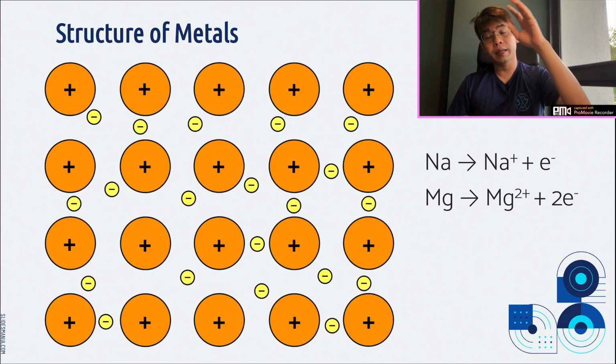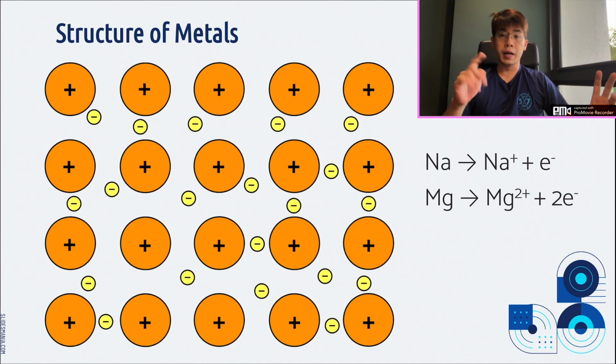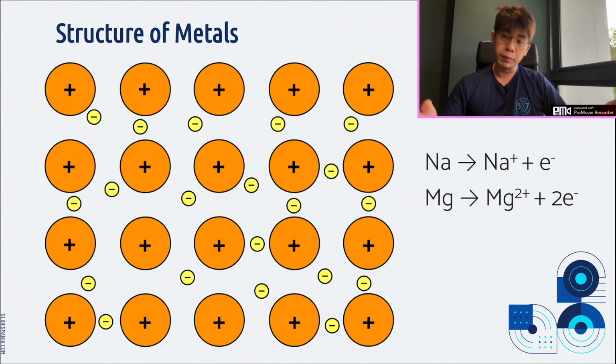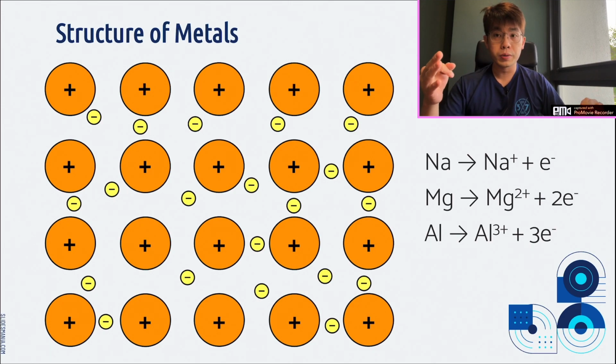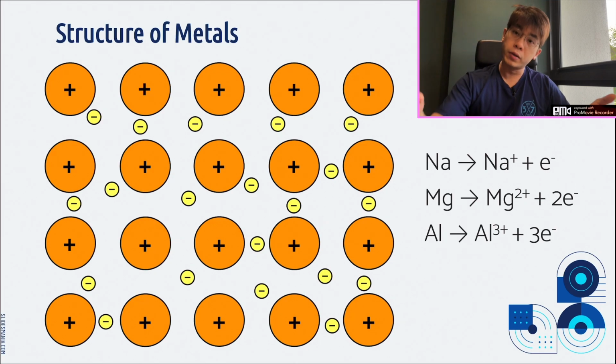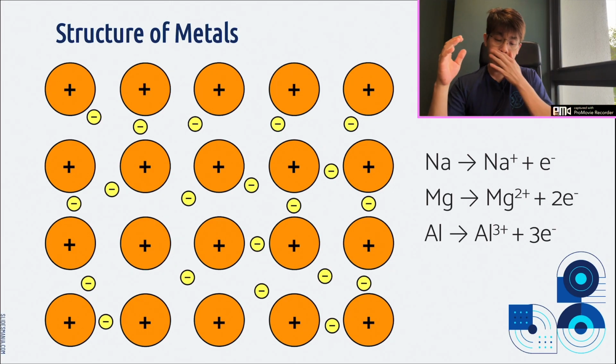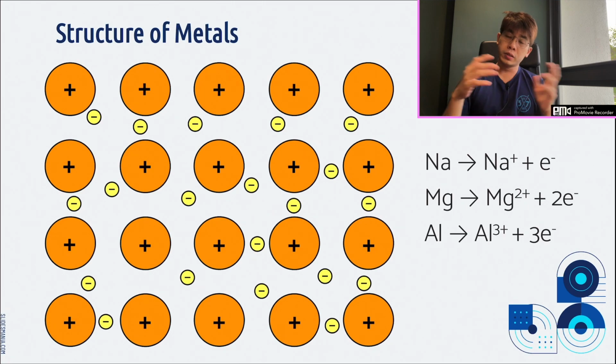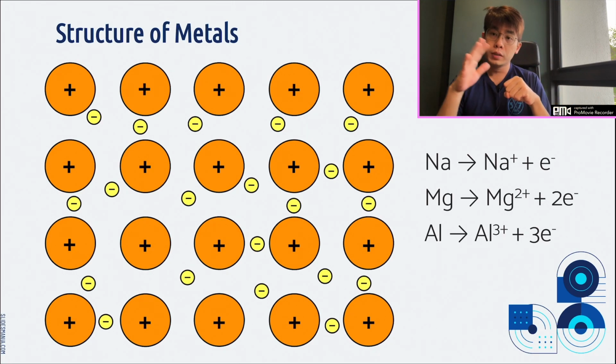So all the lattice of cations will be Mg2+, and there will be twice the number of electrons floating around. And aluminium is in group 3, so it loses 3 electrons, and therefore the sea of delocalized electrons in aluminium is 3 times that of sodium. So there is a stronger attraction between the aluminium cations with the bigger sea of electrons as compared to the sodium cations with the smaller sea of electrons.